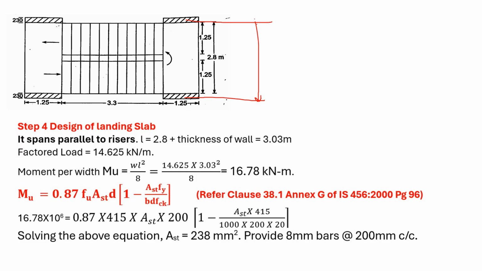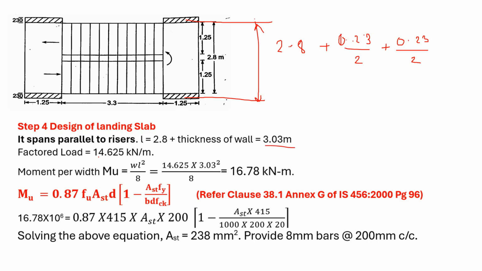So you can see that this length is 2.8 plus 1.25, sorry, it is nothing, it is 0.23 by 2 plus 0.23 by 2. So it comes around 3.03 meter.